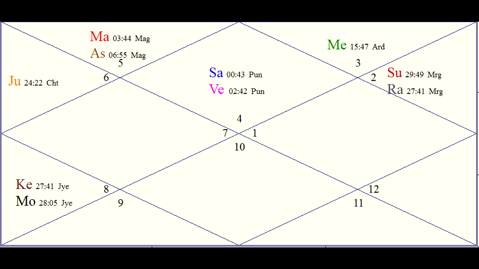Another thing here is that his Amatya Karak, which is Moon, is aspecting the 10th house. See, Amatya Karak Dasha is going on. So Amatya Karak is what? Amatya Karak is career itself. So this means Amatya Karak is forming a very powerful Raj Yoga in Lagna as well as in D9. So this means that in this time period he is going to attain the maximum position, and he got that.